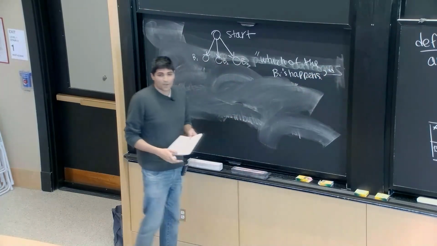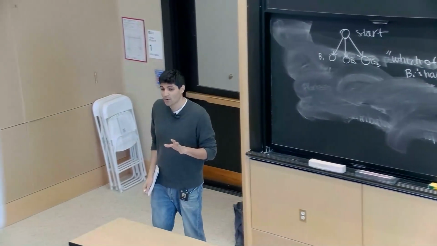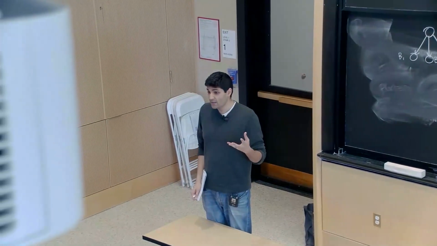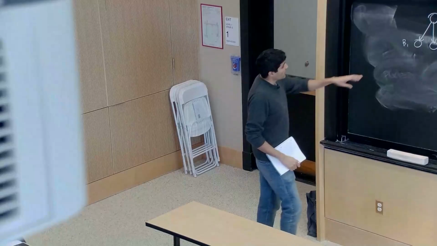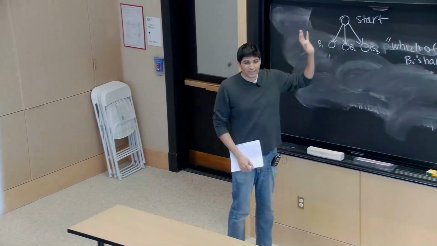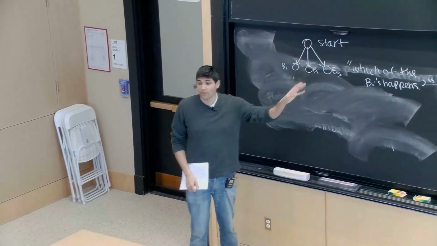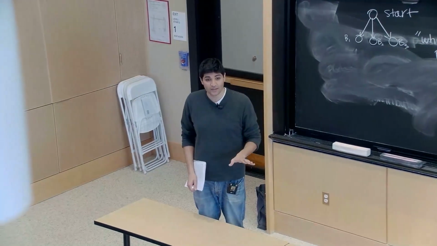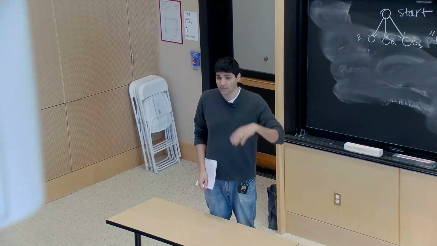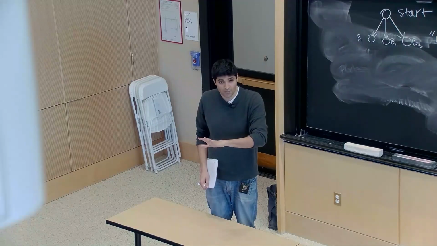Because in the setup of the law of total probability, all these BIs are pairwise disjoint and they cover the space. So, when I start this process, before I actually tell you what the outcome is, where the dart lands, I'm first going to tell you which region the dart lands in. Does it land in B1? Does it land in B2? Does it land in B3?